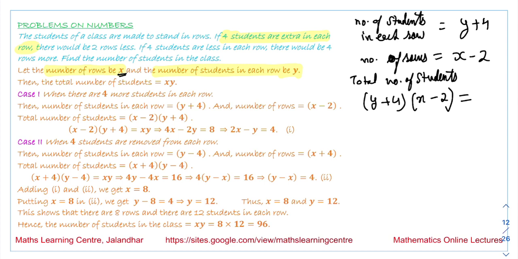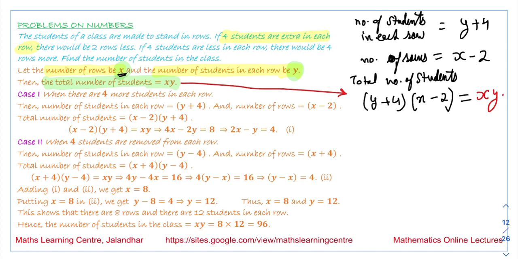If the number of rows is x and the number of students in each row is y, then the total number of students is xy, and these two values will be equal because the number of students will not change. So this is one equation that we are getting.